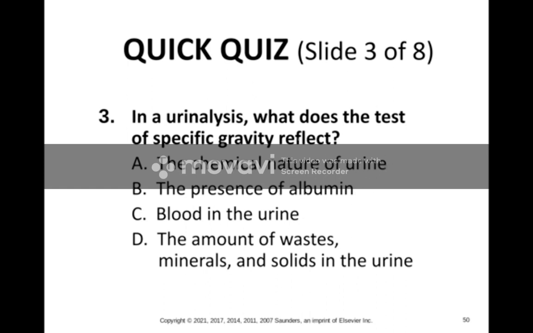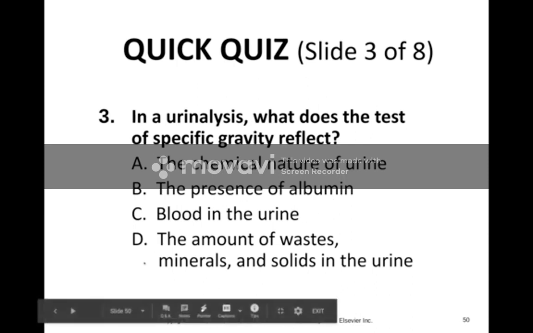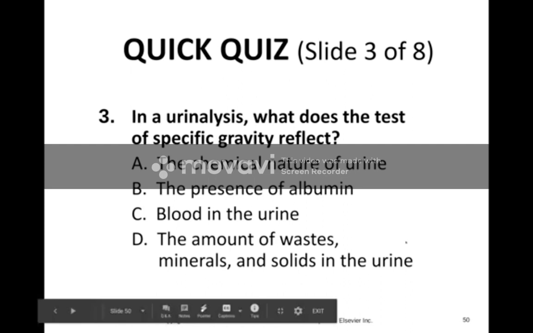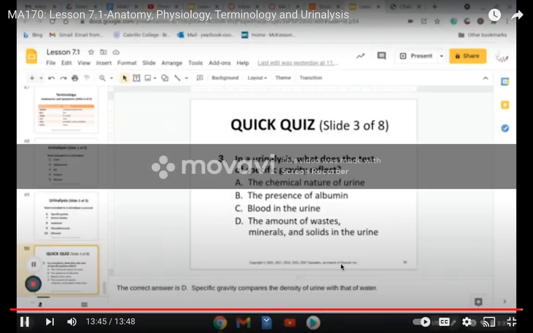So these are all things that we measure separately in the urinalysis. We also measure for the presence of blood, albumin. So it's the amount of waste, minerals, and solids in the urine. So actual solids as opposed to liquids. Okay, so that's the end of lesson 7.1.